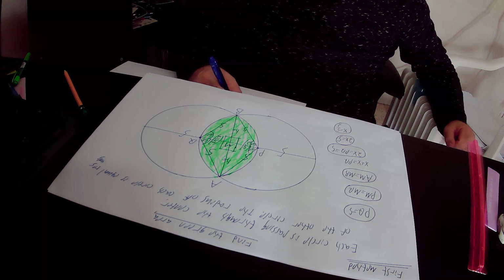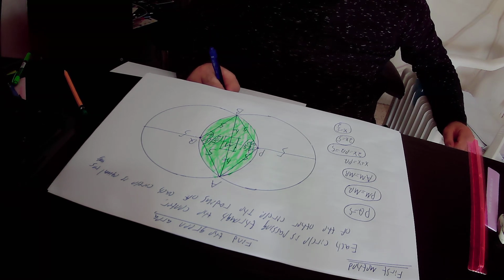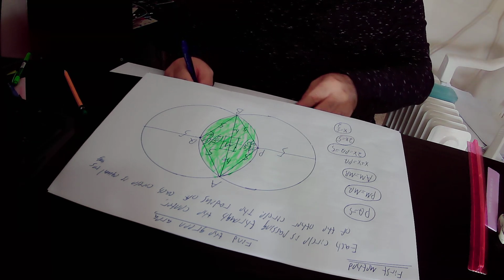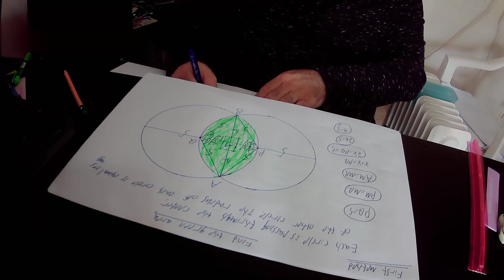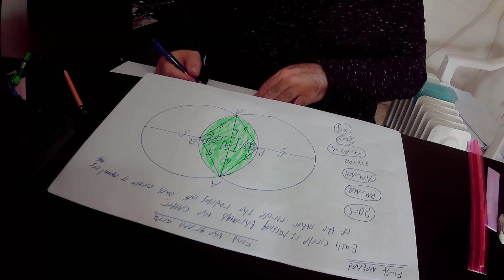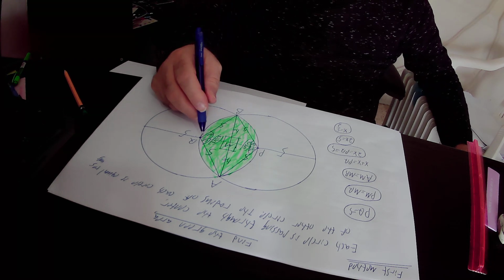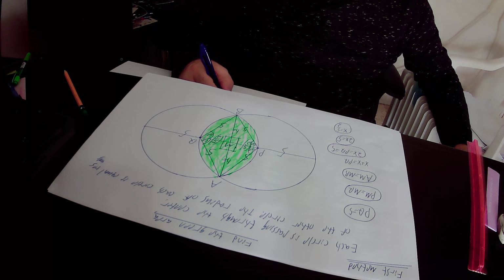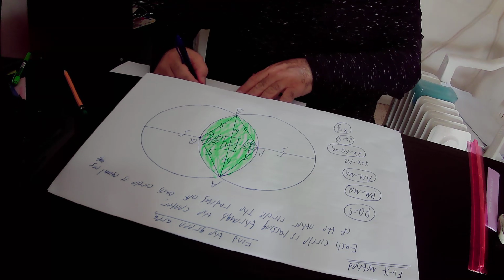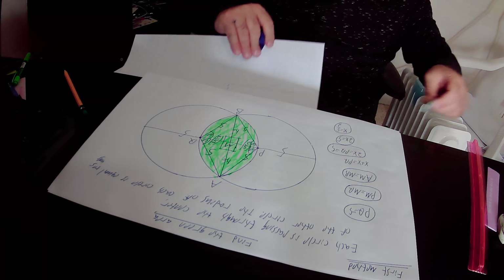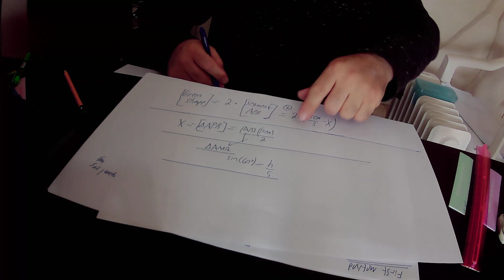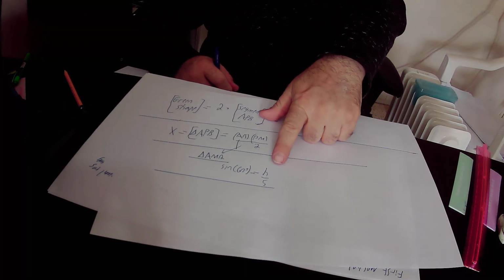On this right triangle, triangle AMQ, sine 60 degrees is equal to H over 5. I will repeat again. In the right triangle, triangle AMQ, sine 60 degrees equals H over 5.